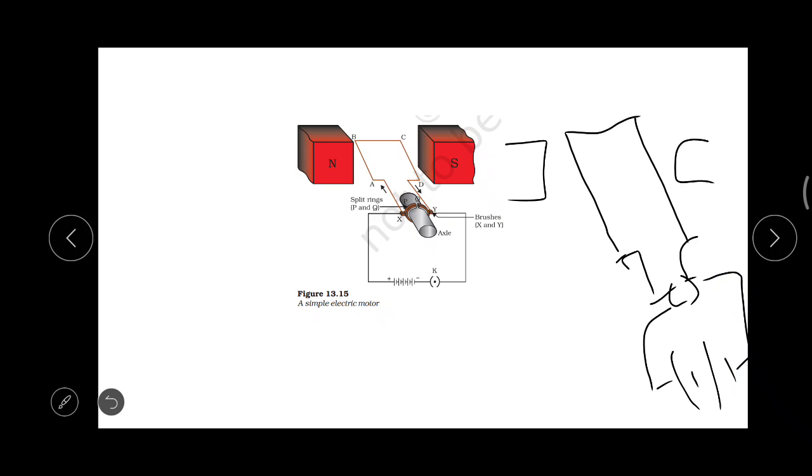Here is the split ring. After the half rotation, you can see AB will reach here and CD will reach here. So this is your CD and this is your AB.